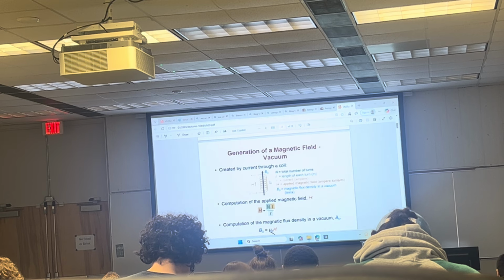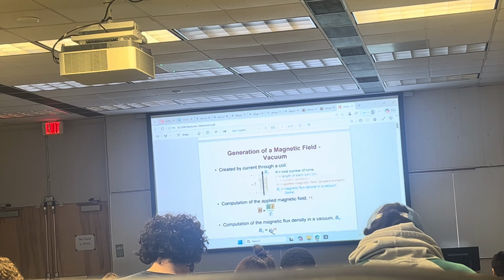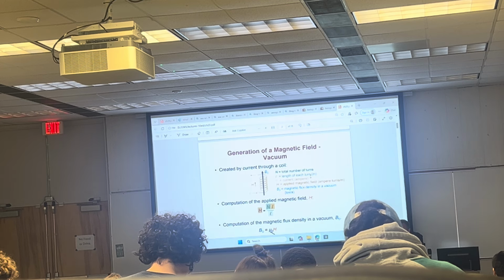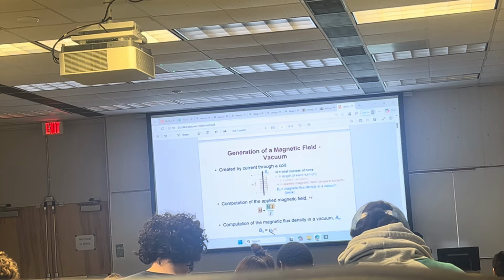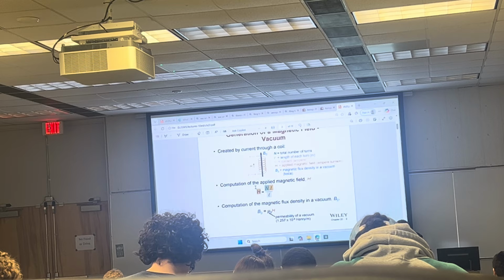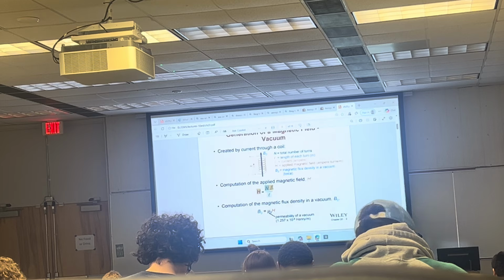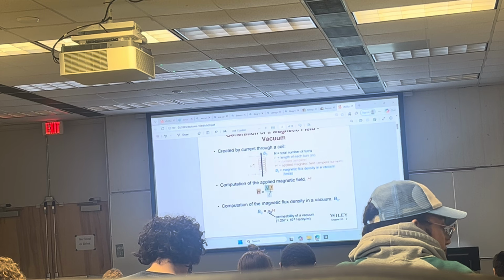But you can see some important parameters here: the number of turns, the length of each turn in meters, and the current that we're passing through. So we can calculate the applied magnetic field as the number of turns times the current divided by the length of each turn.